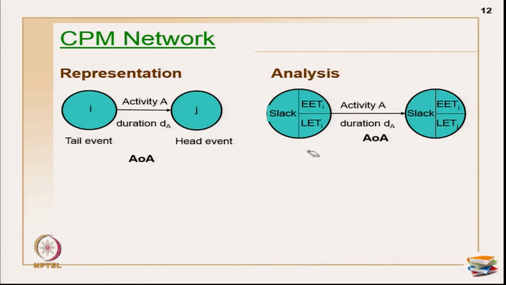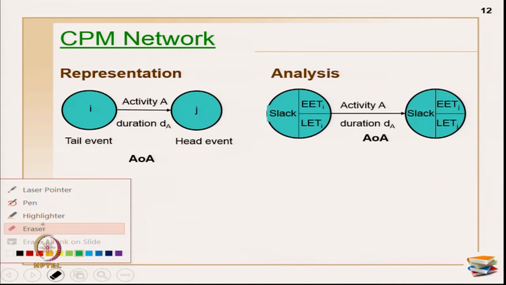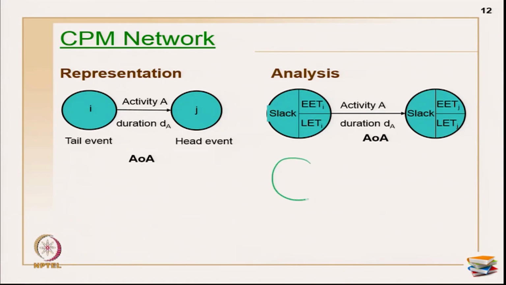So, LET and EET. Inside the circle I can also have EET and LET, and I can also write my slacks. This is also possible, and both the methods are equally fine. Okay. So, whatever you want you can choose here, but generally this is the way to represent the analysis.